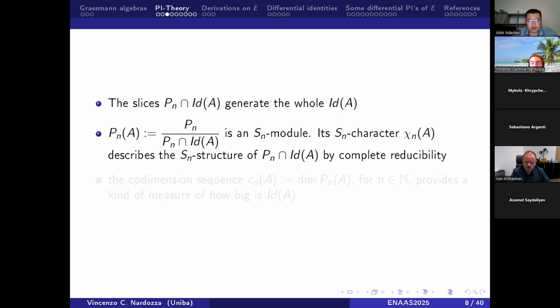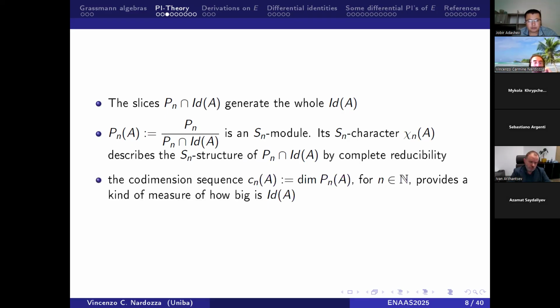And its Sn-character, denoted usually by chi n of A, describes the Sn structure of the quotient of P n by the polynomial identities of A, by complete reducibility. So it simplifies the problem of describing the module structure of the multilinear part of the identities of A.